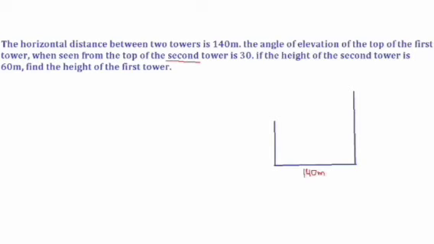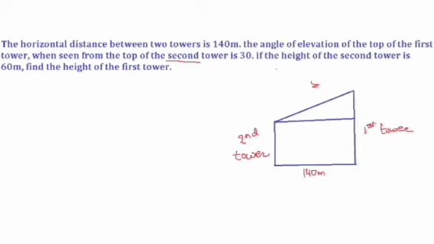Angle of elevation is when you look up. So this will be our first tower, and this is our second tower. Now from the second tower, when we are looking up, the angle of elevation is 30.